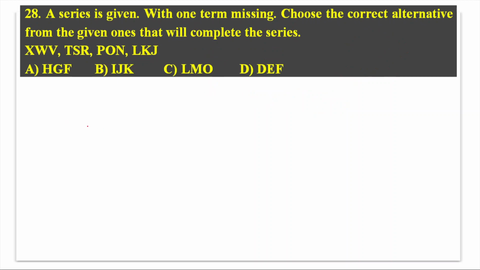And the next question. He gave some series and we need to find the question mark here. Let us write it: X W V T S R T O N L K J and question mark. We can suppose the place value of X is 24, the place value of T is 20, the place value of P is 16, the place value of L is 12.